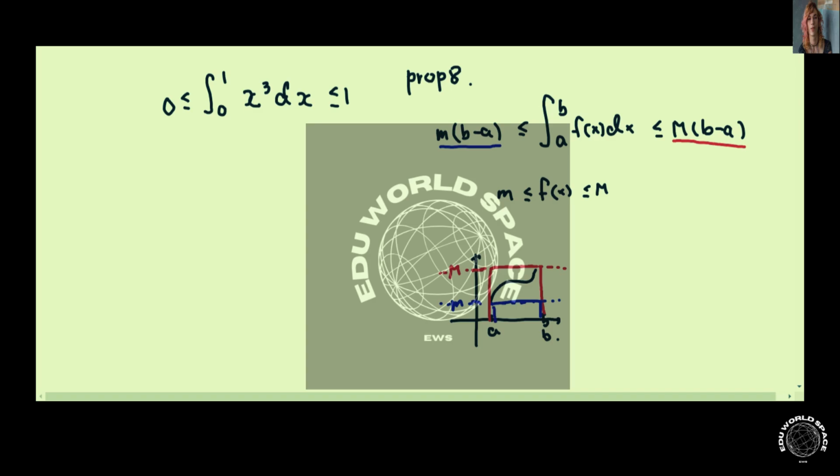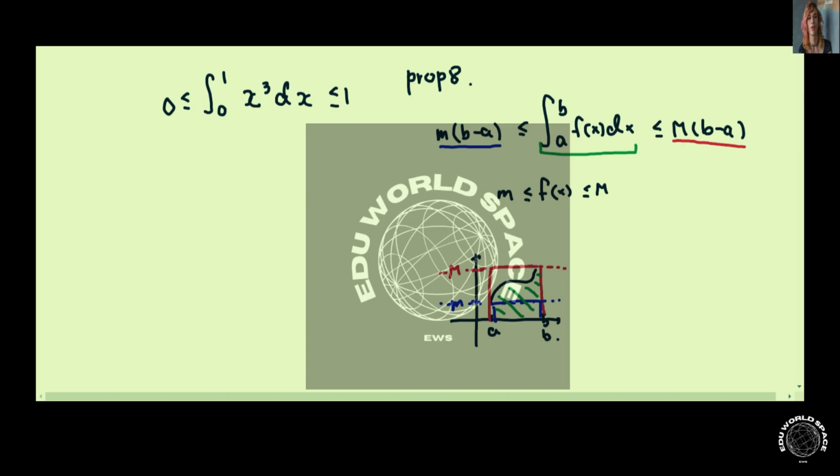So what can I say about the area of the integral, the area under this curve? Well, it's very clear that it's going to be larger than the blue rectangle, but smaller than the red rectangle. So that's what property 8 is talking about, okay?